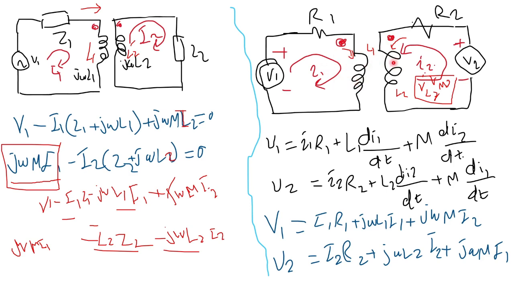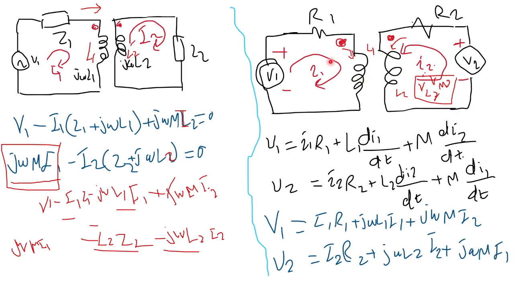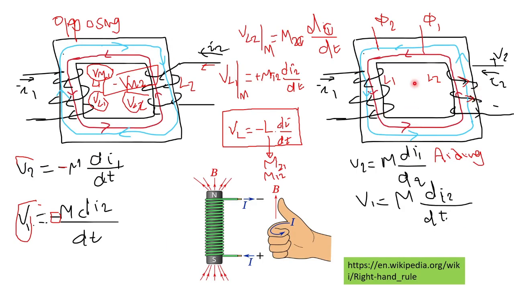To know if these two mutually coupled coils are having an aiding connection case or opposing connection case, we have to check the direction of the current entering and leaving the coil. If both currents flowing through the coils, like I1 here and I2, are both entering the dot or leaving the dot at the same time, this means it is an aiding connection case.